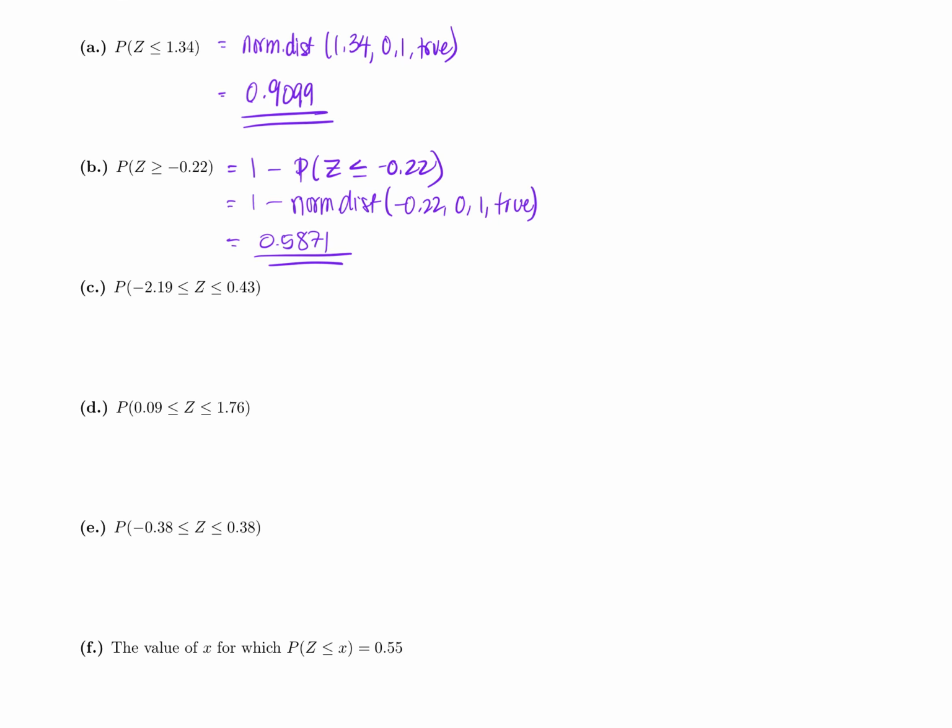What if we're looking at in-betweens? I will say this is where the TI is a little bit quicker because you can just put the two numbers in.